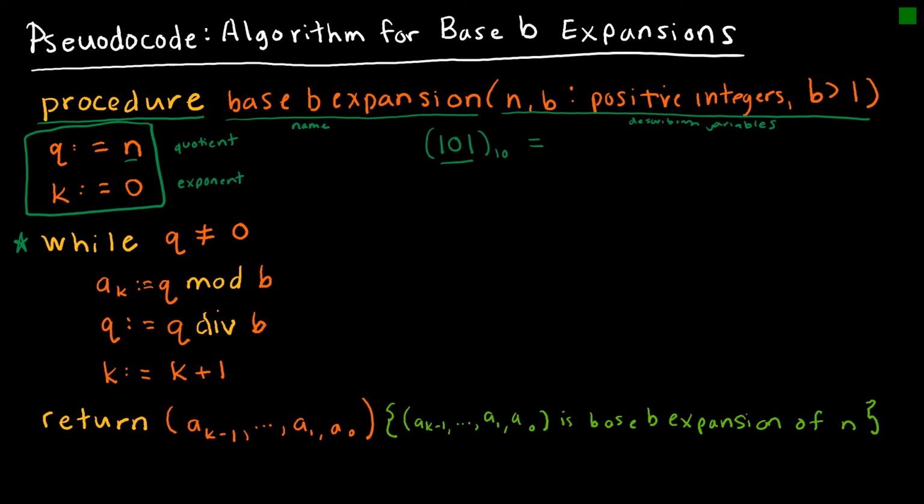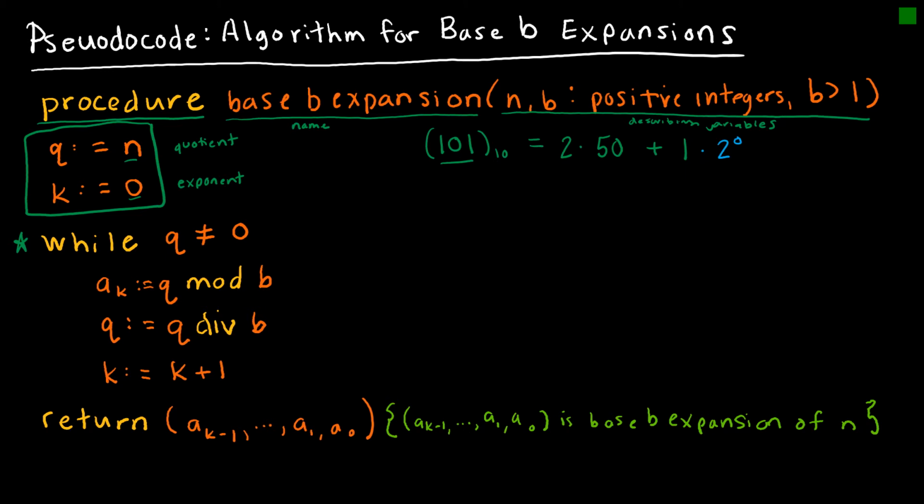What that means is the first time that I perform this procedure, which we'll get to in a moment, but we already know it from our last video, I would take 2 times some number, which in this case would be 50, plus a remainder. So this k equals 0 is essentially saying when you get to the end, this 1 is going to be multiplied by 2 to the 0. Okay, so that's what the k equals 0 means.